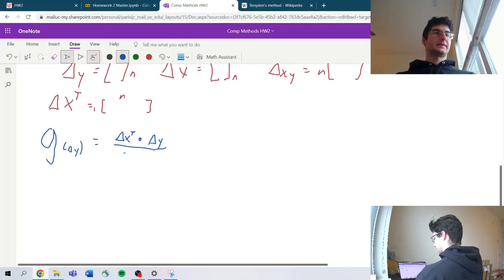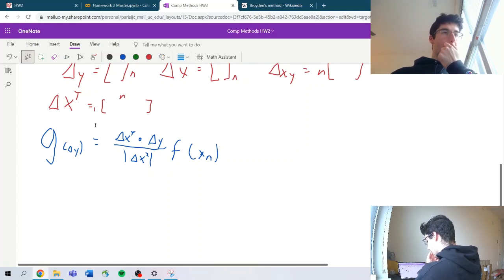Let's combine this and make this easy: delta x squared. All that times f of x to the n.